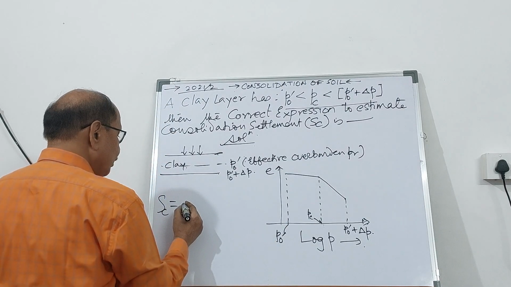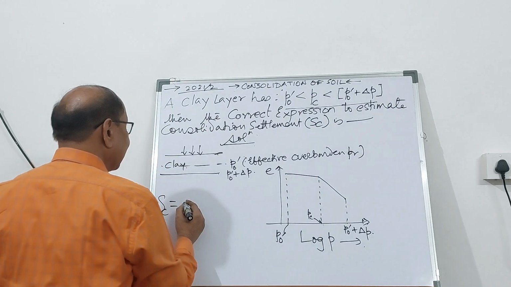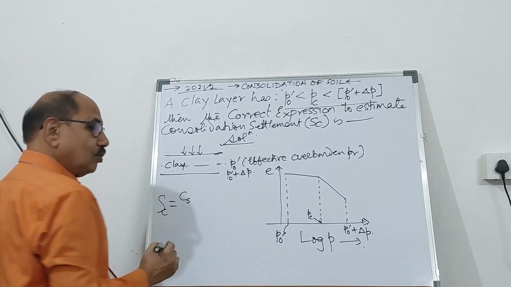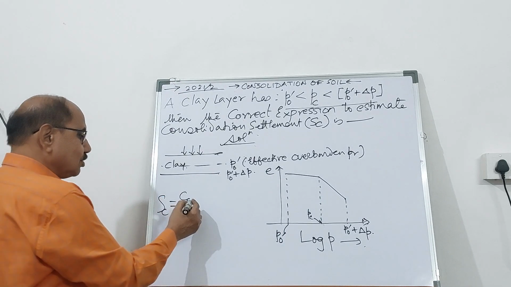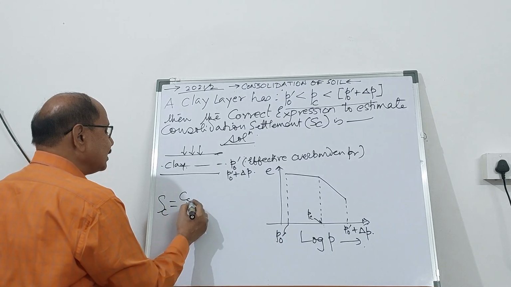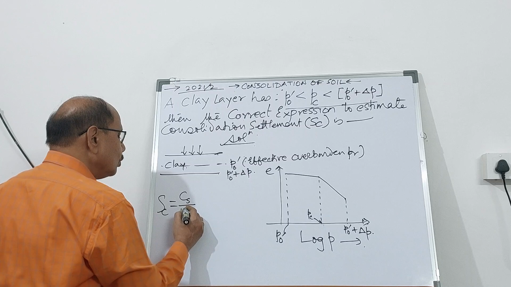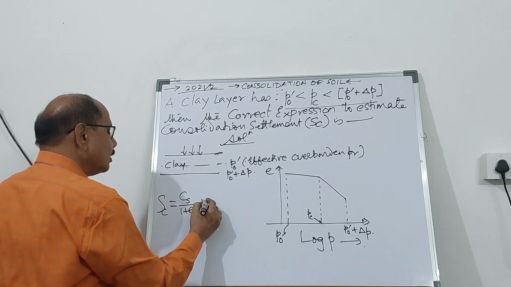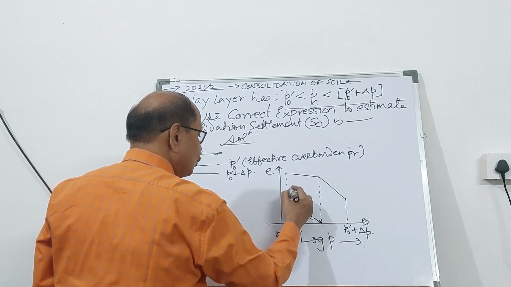So for over-consolidated clay, you should always use the swelling index or recompression index, Cs or Cr, divided by 1 plus e naught, into H for this part up to here.